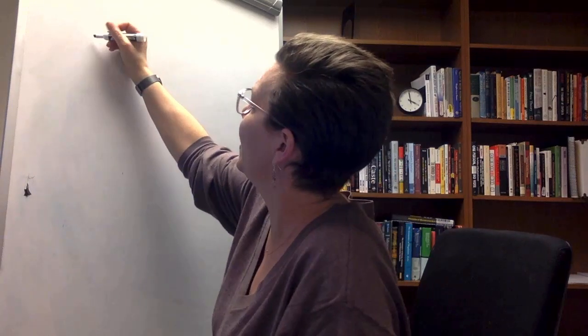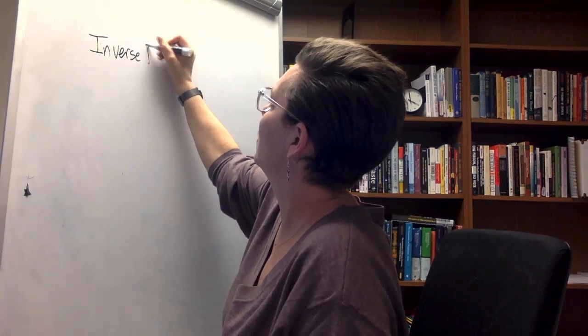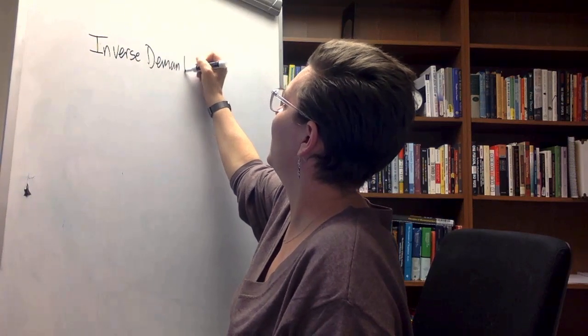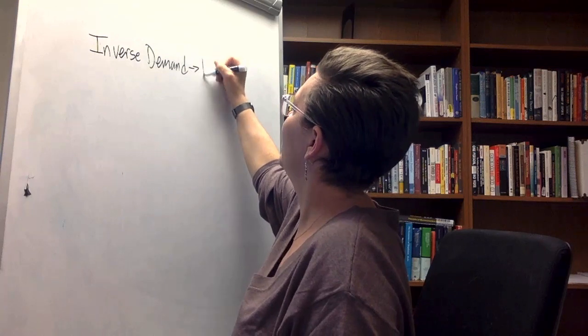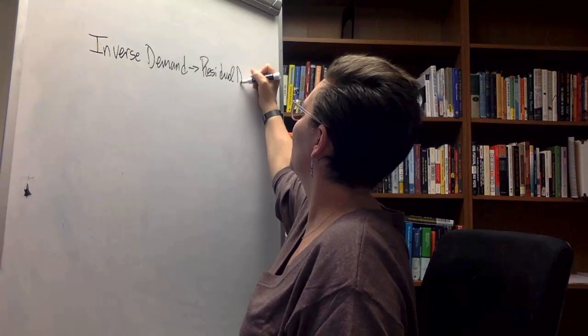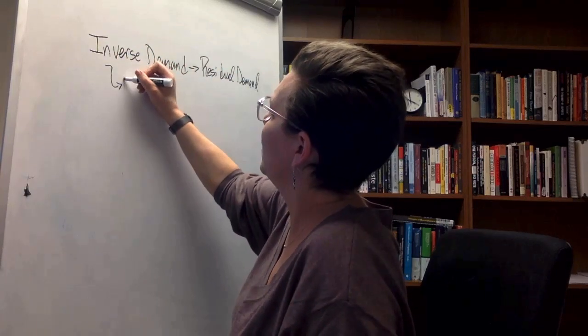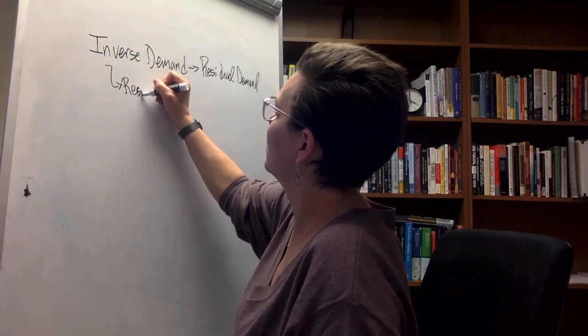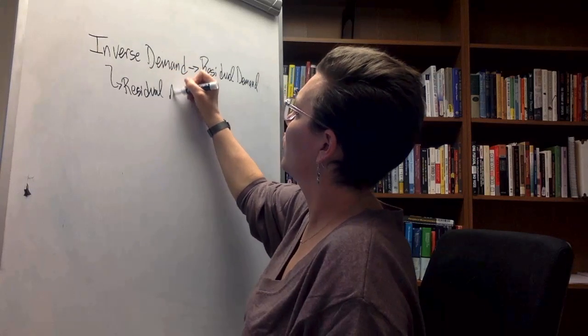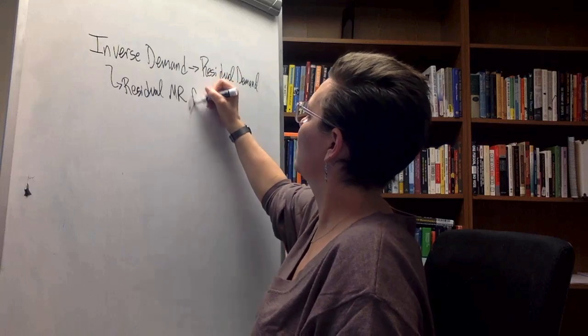Well, first we take the inverse demand function, and we're going to turn it into a residual demand function. And I'll show you how to do that. Then we want to find the residual marginal revenue curves or marginal revenue functions.